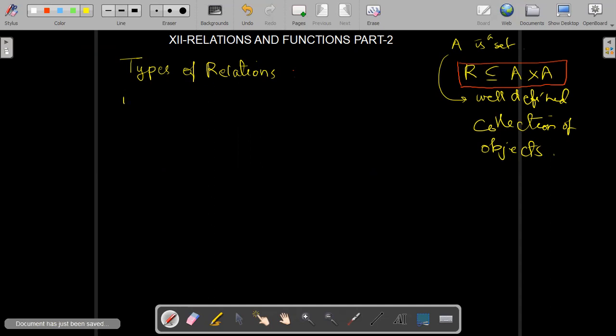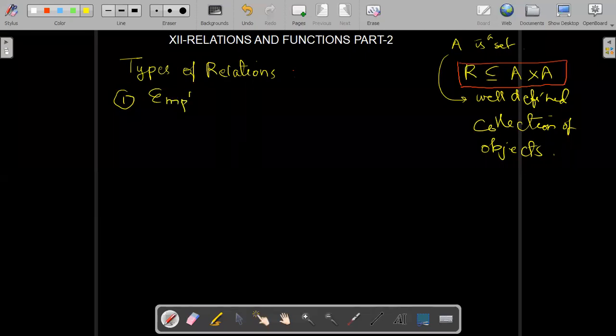Number one, the first relation is the empty relation, also called the void relation.